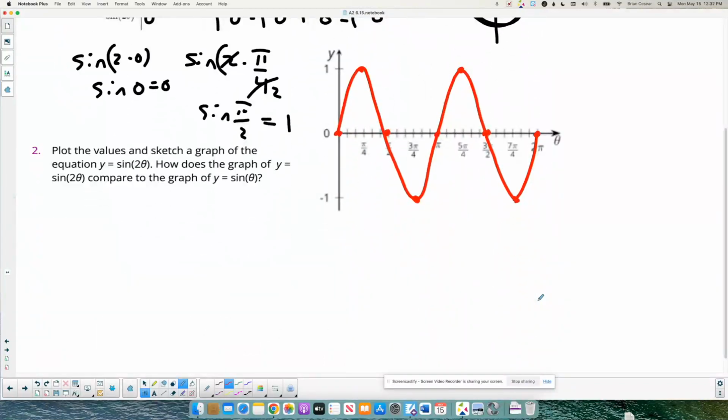So y equals sine of 2 theta is horizontally compressed.